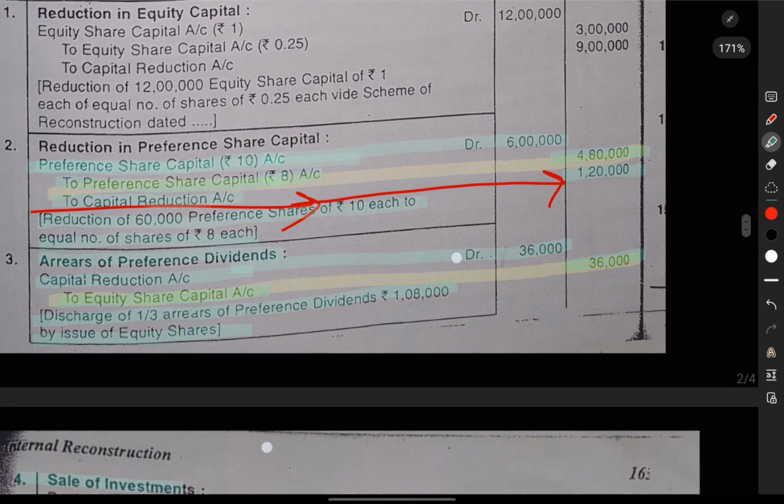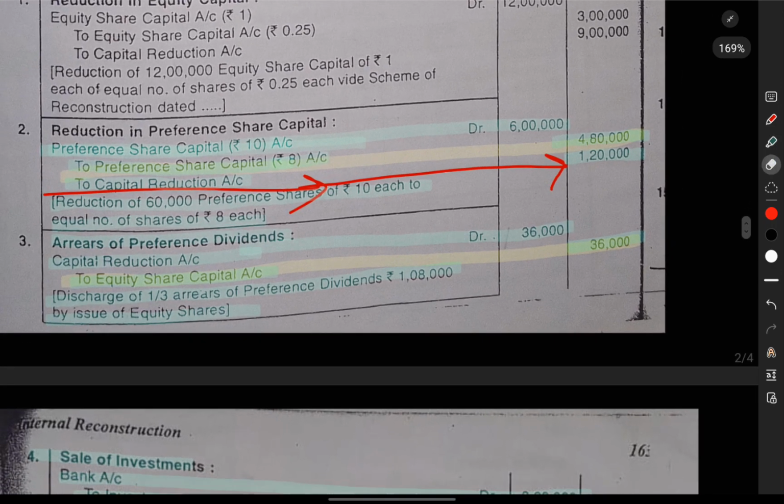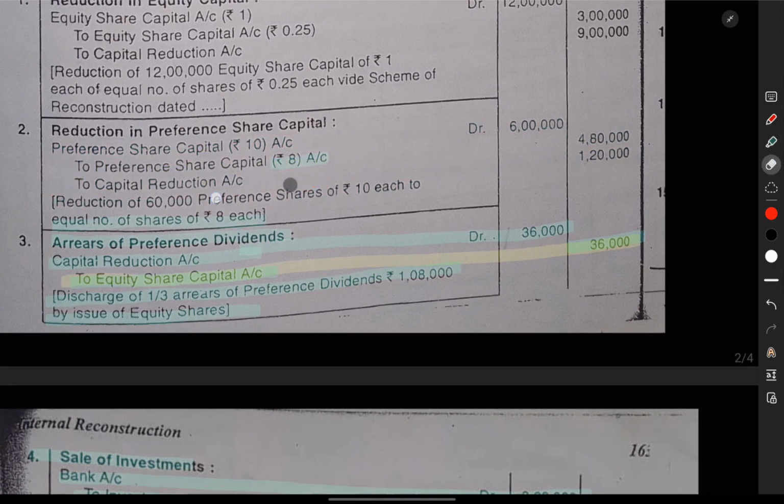In third journal entry, capital reduction is debited. So we will go to capital reduction account's debit side and write to equity share capital account 36,000.